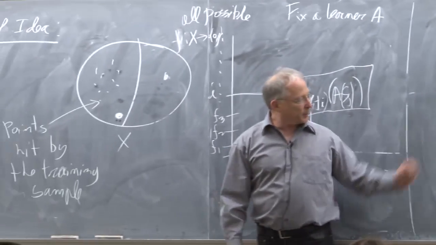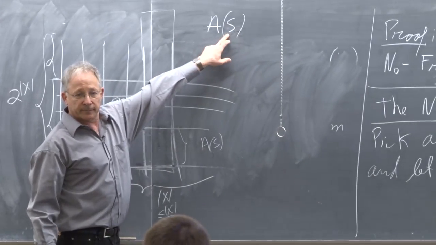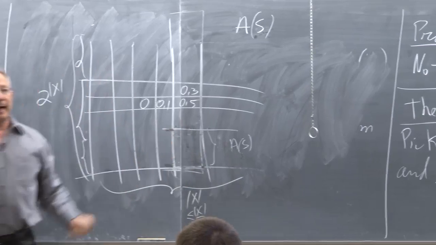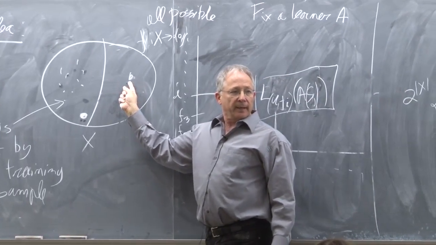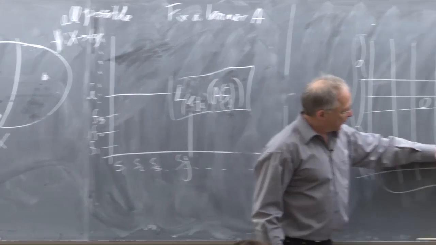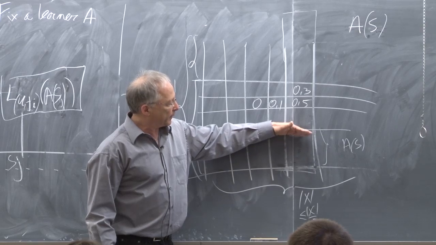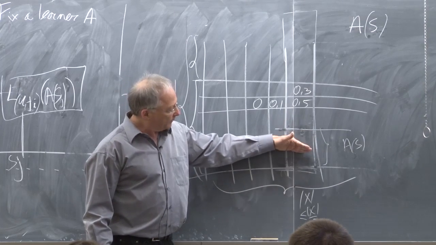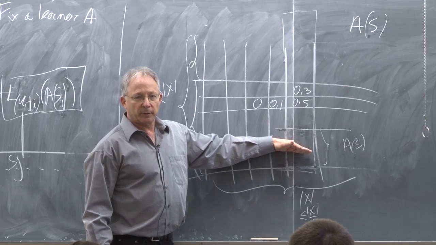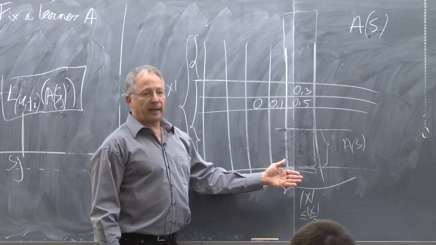In every such block, all the functions give me the same labeling for S. With probability half, a test point will be outside this S. And half of the functions here will agree with my prediction A of S, and half of the functions will disagree. When they agree, I get error 0. When they disagree, I get error 1. This will happen half the time.